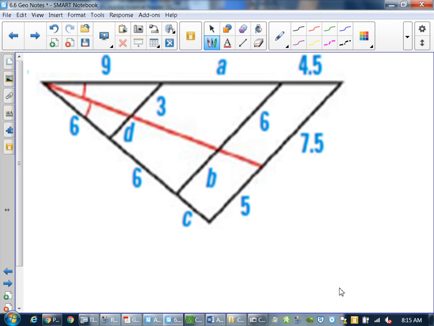I think somebody already mentioned that this is one of those hard problems, because you'll notice that you've got angle bisectors. What's going to happen is that we're going to do proportions multiple times. We're going to kind of build ourselves out from the beginning.